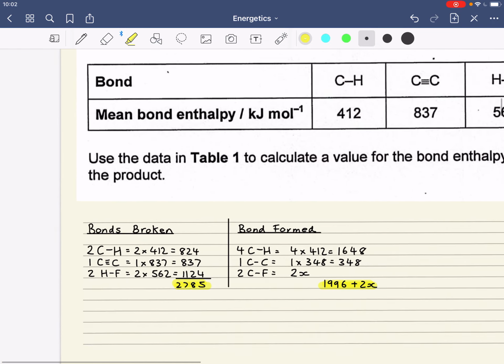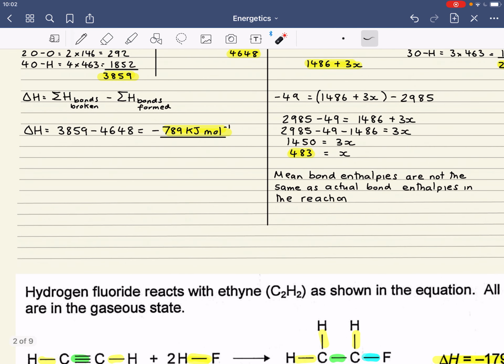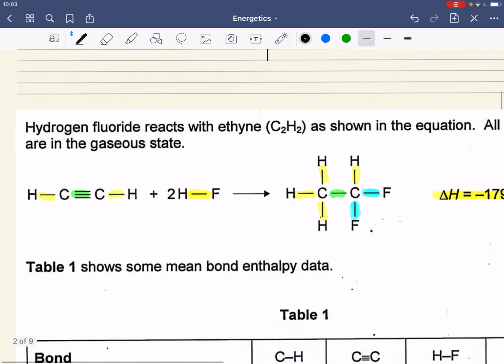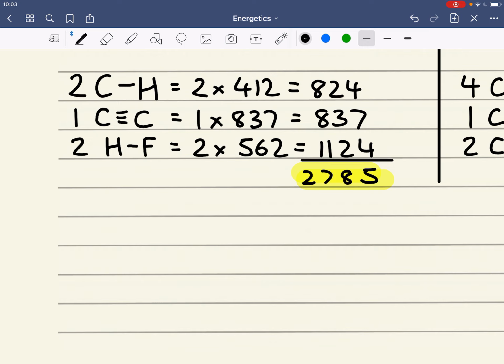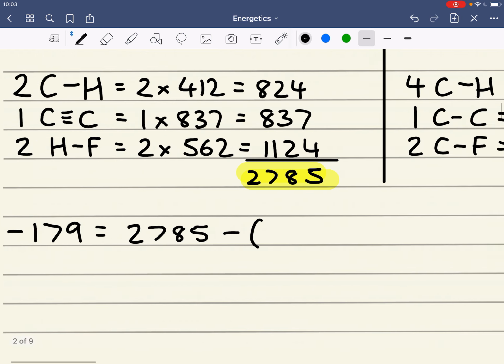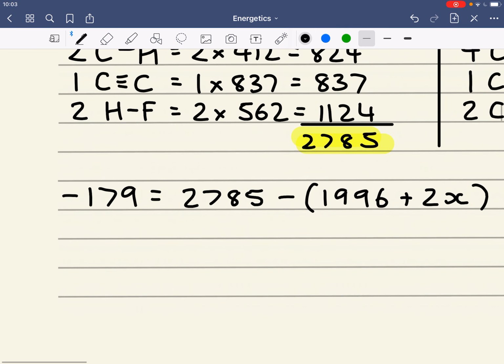So again, using the equation that we've looked at all the way up here, we're going to use this equation again. And we know what my enthalpy change is, it's minus 179. So we would say then minus 179 equals 2785 minus 1996 plus 2x. Okay, so again, we just simply need to rearrange that to get x.